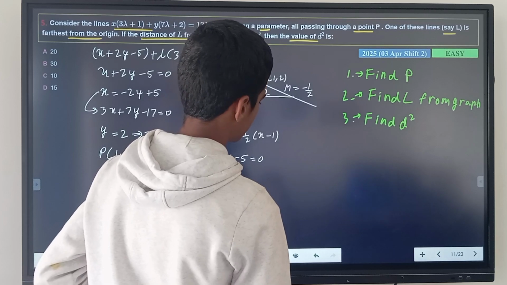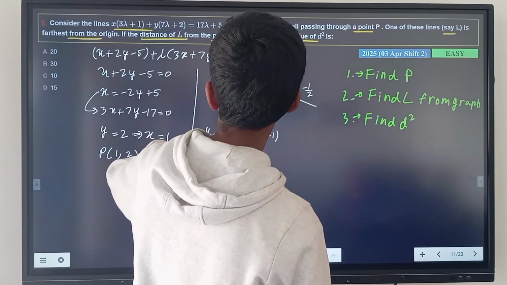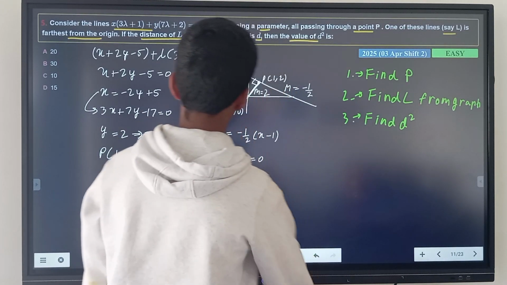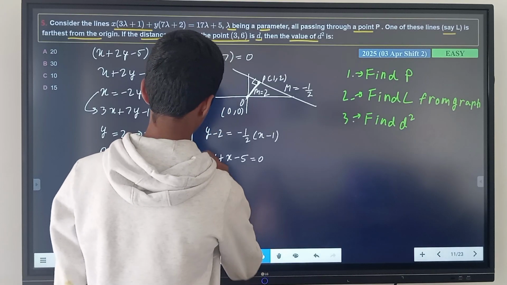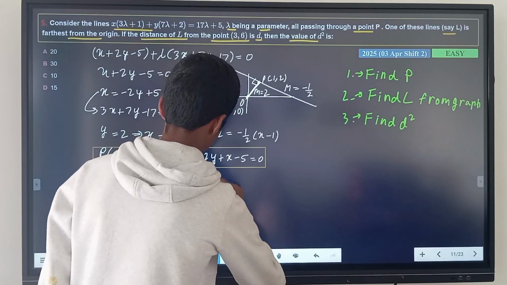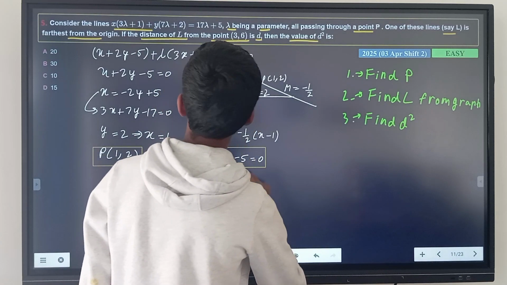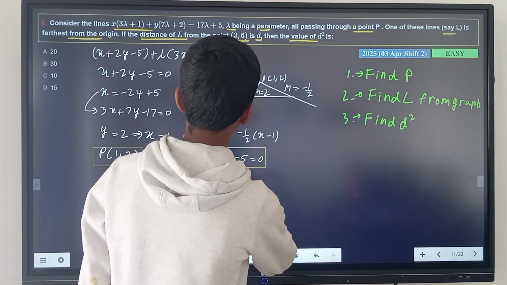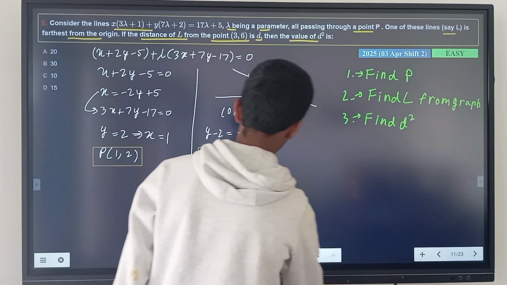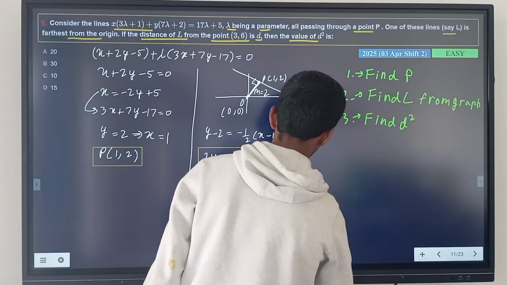Yes. Now we need to find distance from the point 3, 6. So let's directly write d square. Our d square will be square of mod of 12 plus 3 minus 5 divided by root of 4 plus 1 whole square.